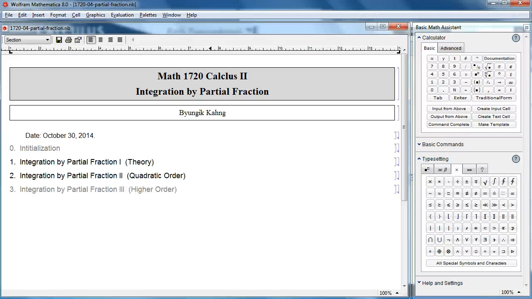Finally, let us discuss the rational functions whose denominators are cubic or higher. In that case, the shortcut method we talked about for quadratic denominators does not apply, so we'll have to do something like this.